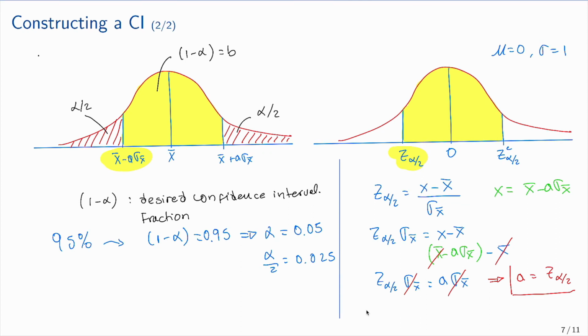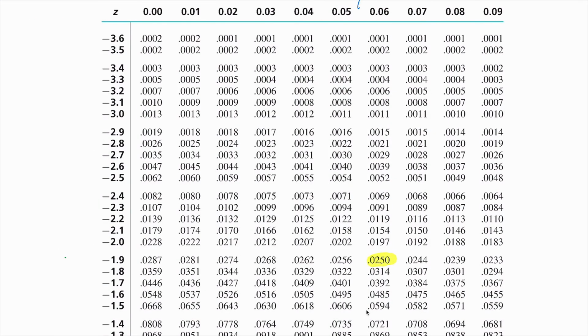In this particular example, we go into the table looking for 0.025, table A2. So we have the value of 0.025, and we look for the corresponding values. We can conclude that c is equal to minus 1.96.